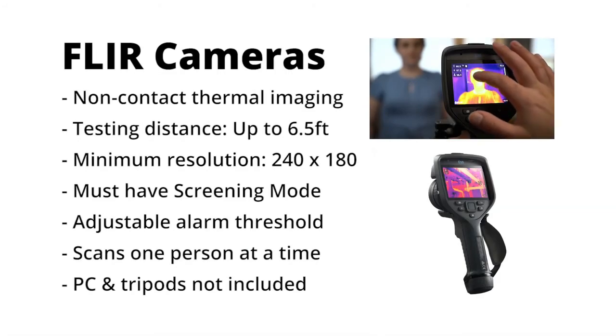With a thermal camera, measurements can be taken from several feet away so you can maintain social distancing. You can only screen one person at a time, but each screening takes about 1 second so lines keep moving. All these cameras also include alarm thresholds which can be set up to alert you as soon as your baseline temperature is exceeded.